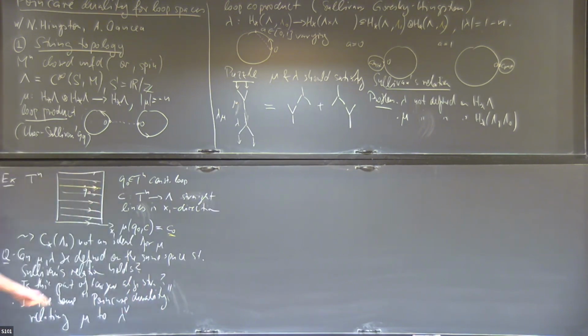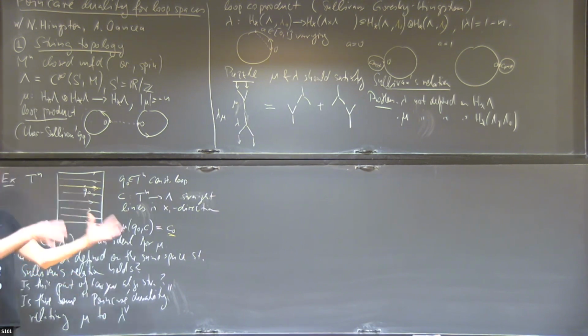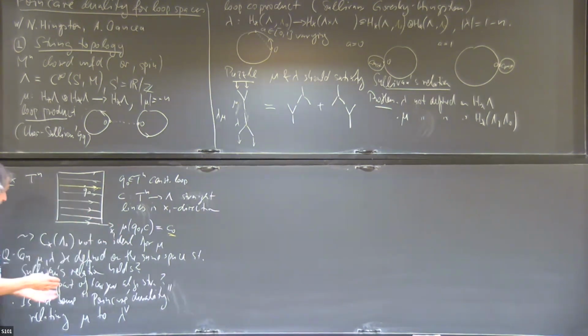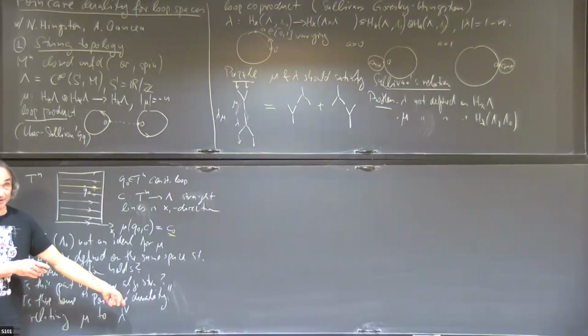By lambda dual, lambda upper V, I mean the product on cohomology dual to the coproduct lambda. Lambda is a coproduct on homology, algebraically dual to a product on cohomology. Now, is there some duality between homology and cohomology, some kind of Poincaré duality for loop spaces, which then moves mu to the product which is dual to lambda?